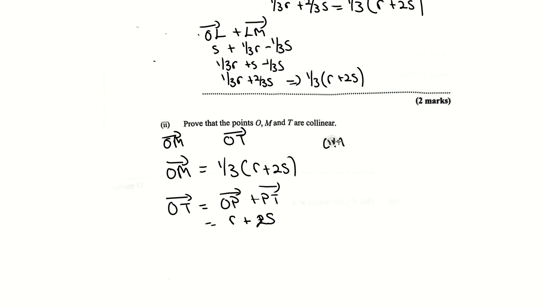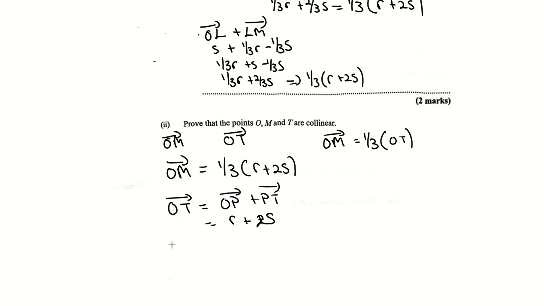Right, now we can already see it here that OM is equal to a third of what is OT, R plus 2S. So because they are scalar multiples of each other, they are collinear. They all lie on the same line.